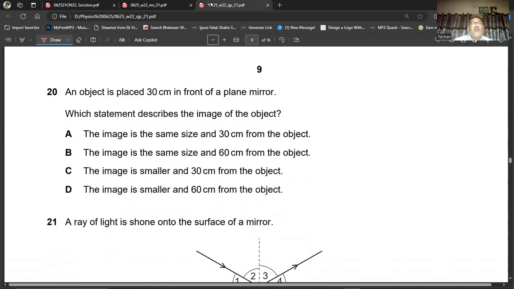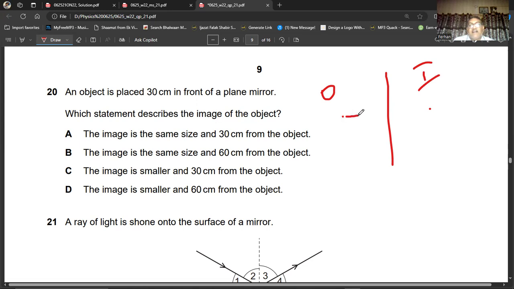Question number 20. An object is placed 30 centimeter in front of a plane mirror. If this is the mirror and this is your object, then the image will be at the same distance, behind the mirror.